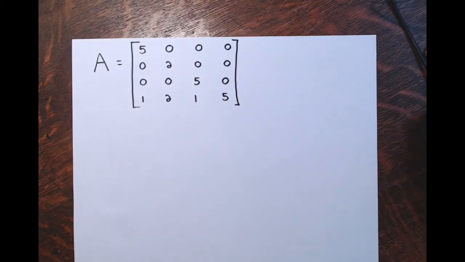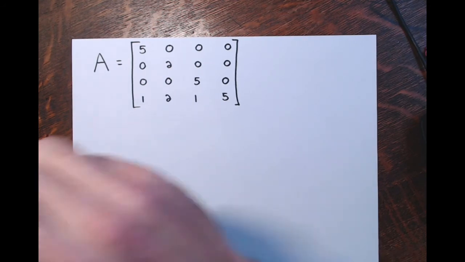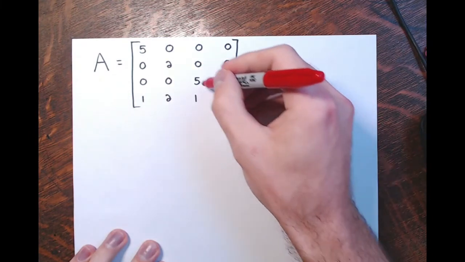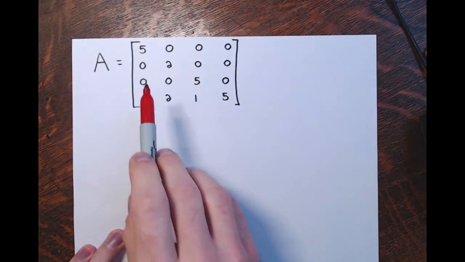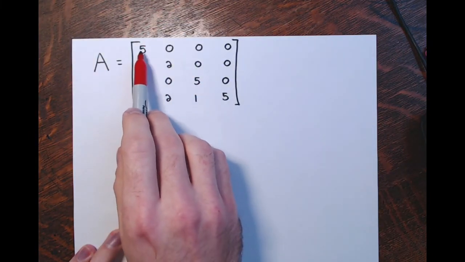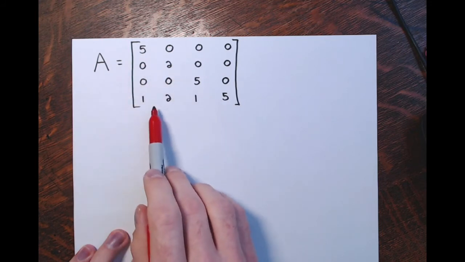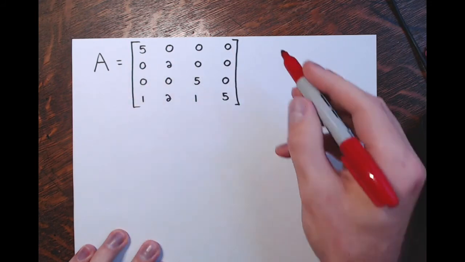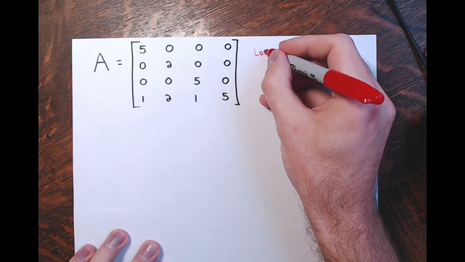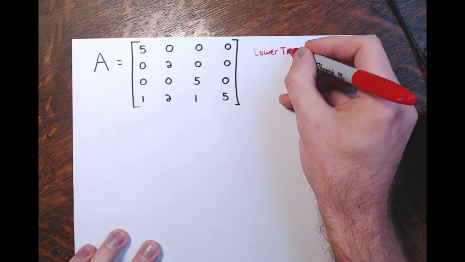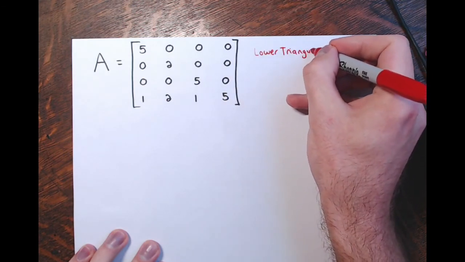You see here the matrix given to us in this example. Now this is a lower triangular matrix, because the only non-zero entries are either on the diagonal or below it. Everything above the diagonal is a 0.